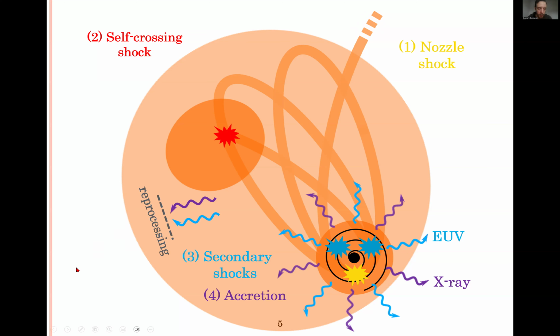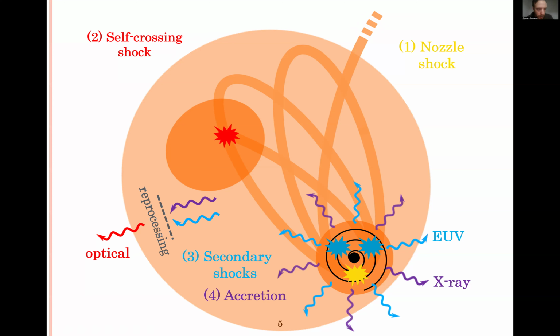And when these photons eventually emerge, their frequency has decreased, and the spectrum now peaks in the optical. So this is the physical picture I have in mind for how the electromagnetic signatures from TDEs are produced.